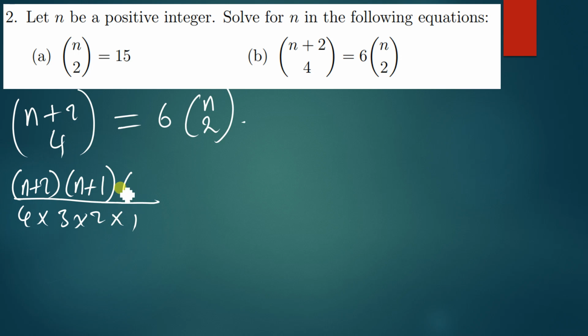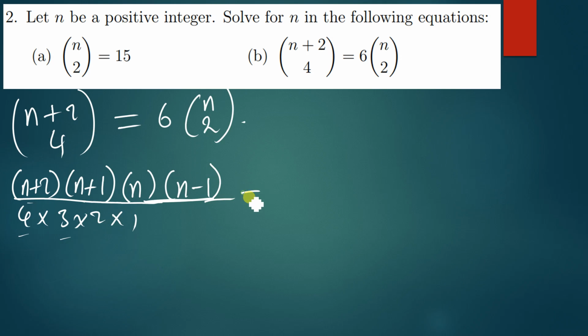Then we subtract 1 again, so n plus 1 minus 1 is just going to give us n. And then the last one, since we have 4 numbers down, we need to have 4 numbers on top as well. So the last one will therefore be n minus 1, because we're subtracting 1 from each term that we're having there.